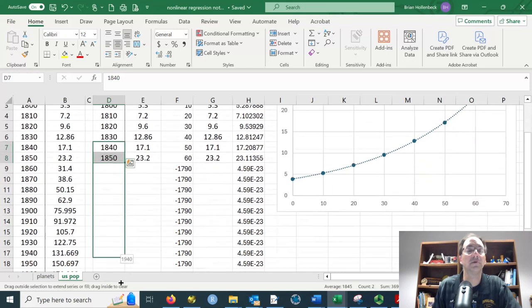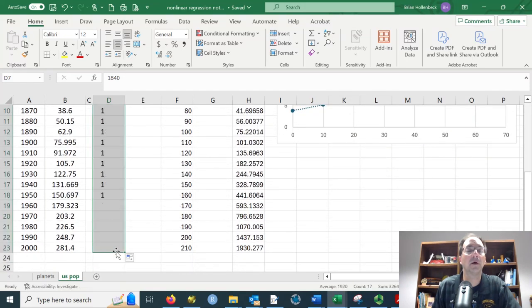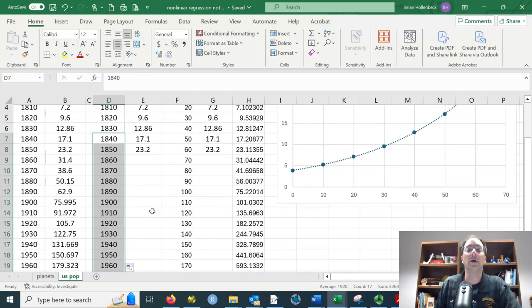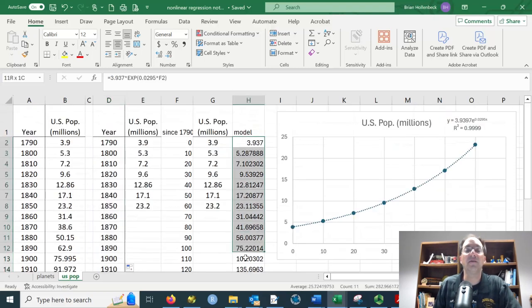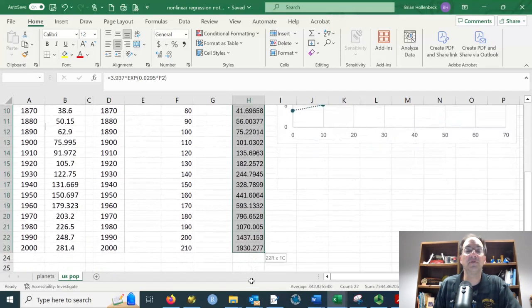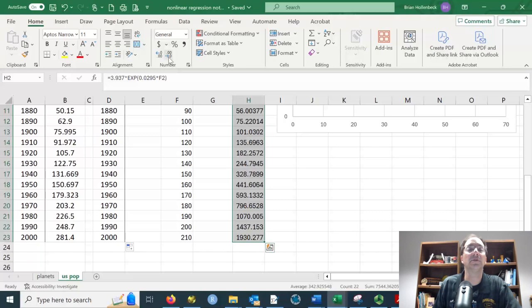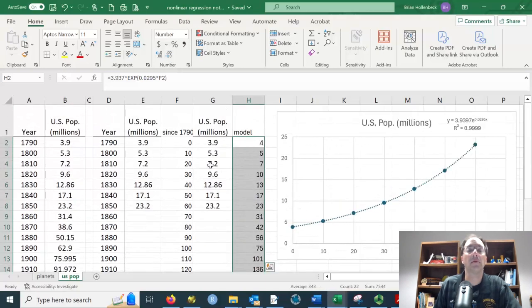And drag this down. All right. So we have more decimal places than we really need here, so we will try to clean this up to be consistent with the data we're given.